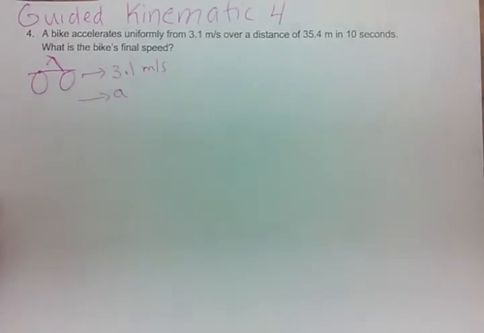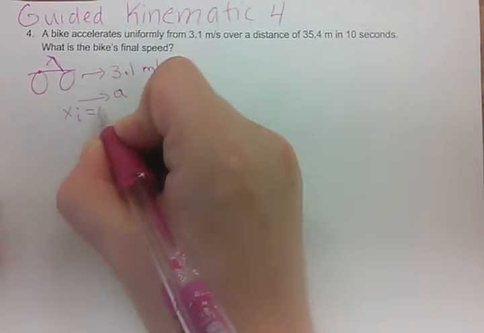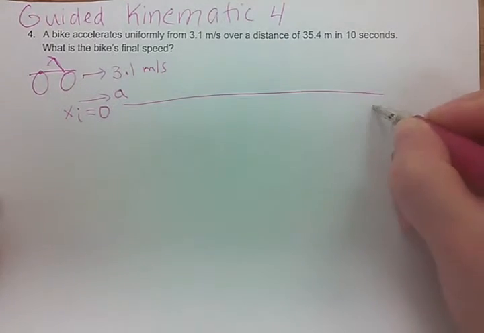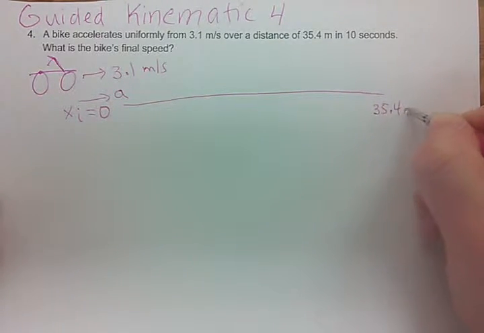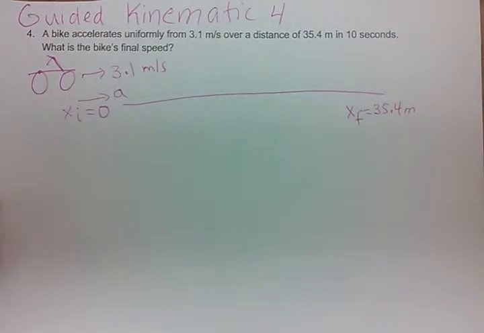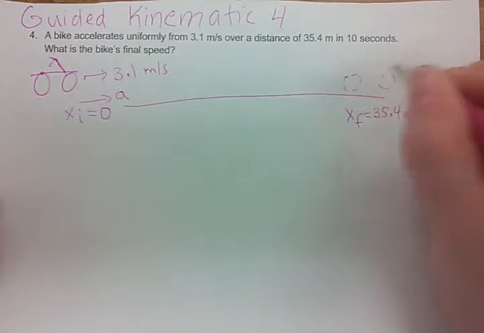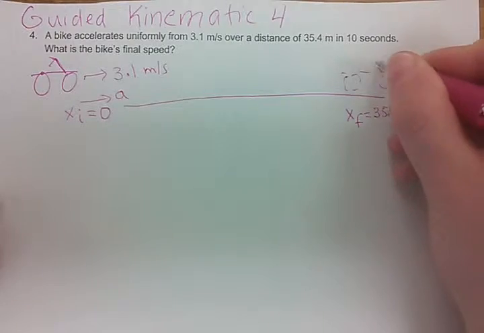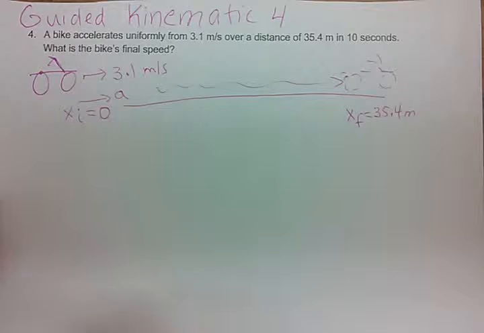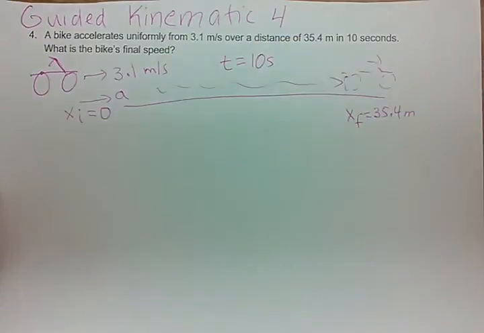It's accelerating in the same direction, and it travels from a position of 0, xi equals 0, to a position of 35.4 meters. So it ends up here after traveling, and that happens in a time of 10 seconds.